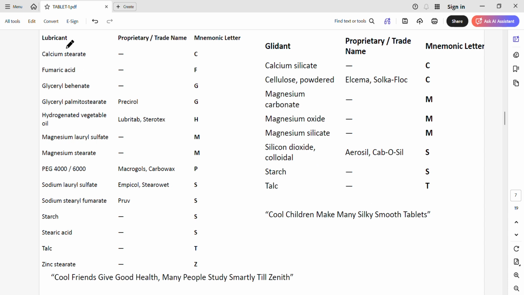Now we discuss lubricants: calcium stearate, fumaric acid.